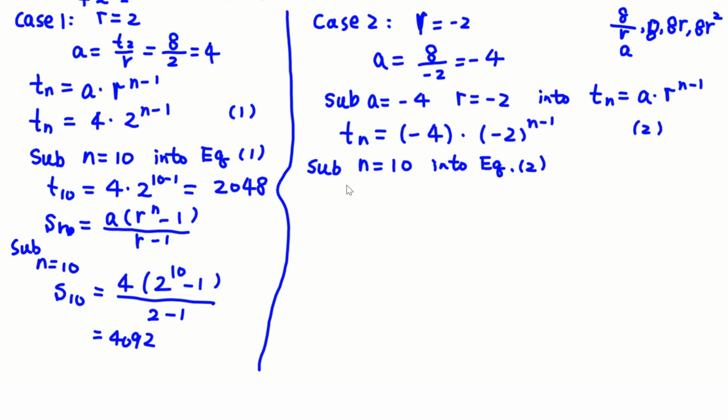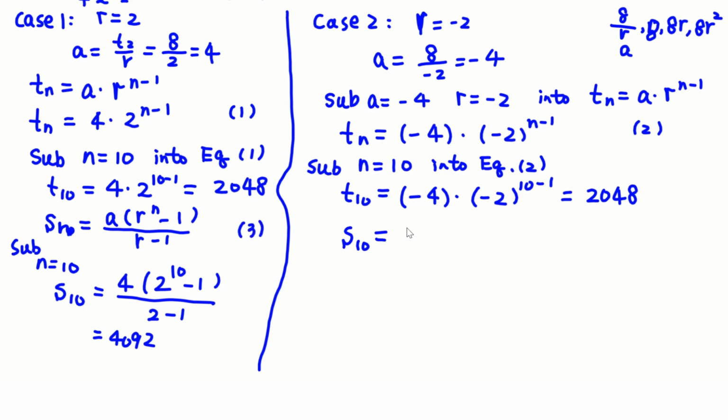T sub 10 equals first term -4, ratio -2, then 10 to the exponent minus 1. Do the calculation, you will find out it is 2048.